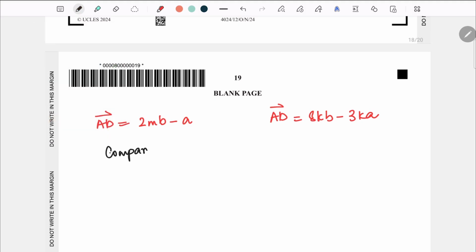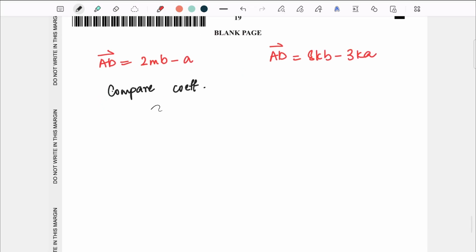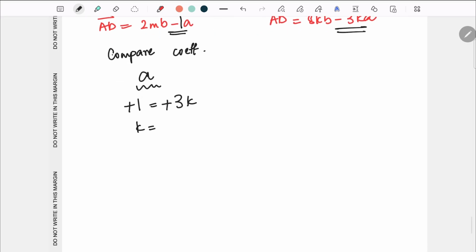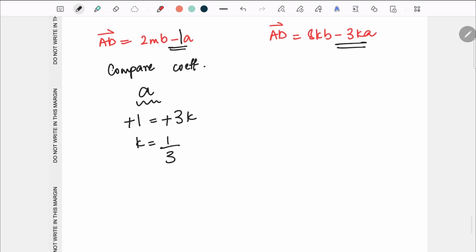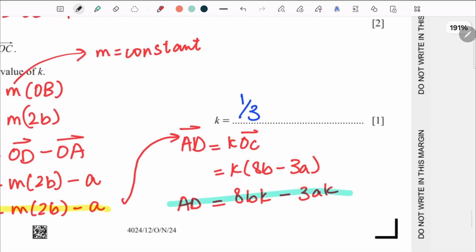Comparing the coefficients of a, on this side the coefficient of a is -1. On the other side, the coefficient is -3k. So -1 is equal to -3k. Minus and minus will cancel. So k is equal to 1 over 3. And this is our final answer. k is equal to 1 over 3.